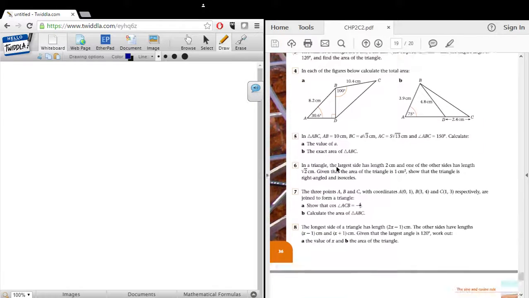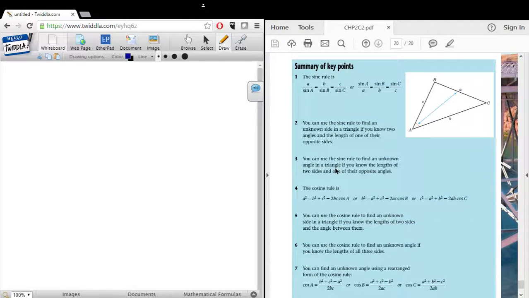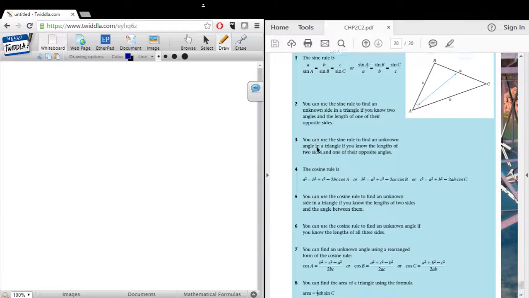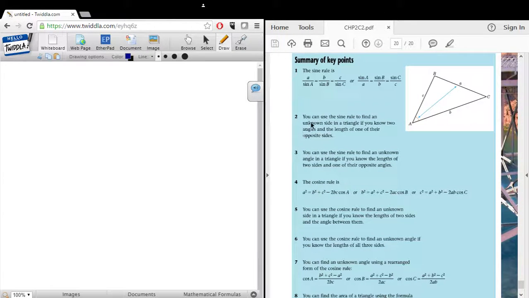And then calculating the following triangles. Here we have the mixed exercises and the summary of key points. I'll make one important statement here. If you remember, in the beginning I said this is a bit of a lengthy chapter, for the simple reason that it's not difficult to apprehend, but there are a lot of formulas.